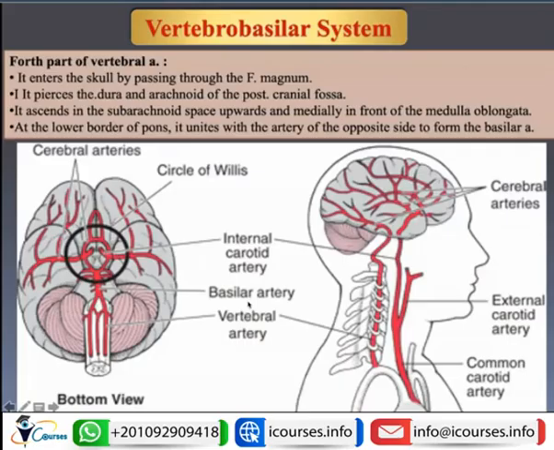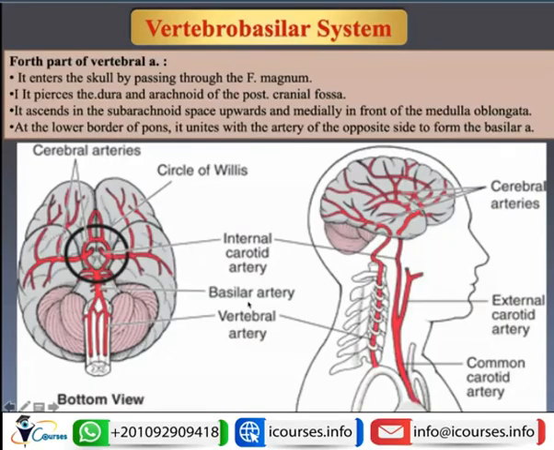The basilar artery runs between the fourth part of the vertebral artery and the lower border of the pons, in the groove. The basilar artery ends by dividing into the posterior cerebral arteries, which are its terminal branches.